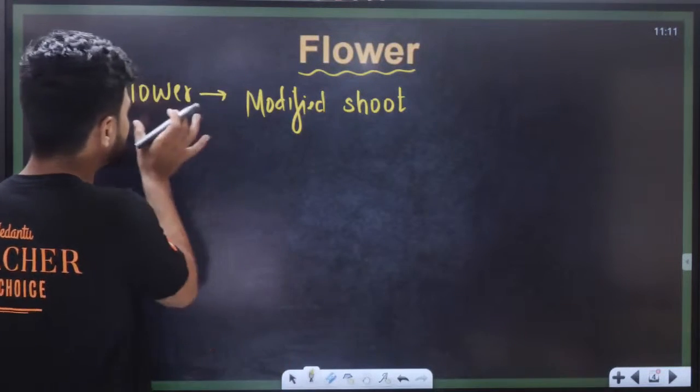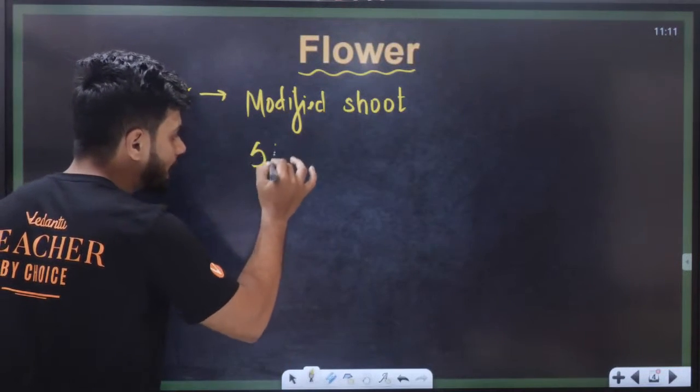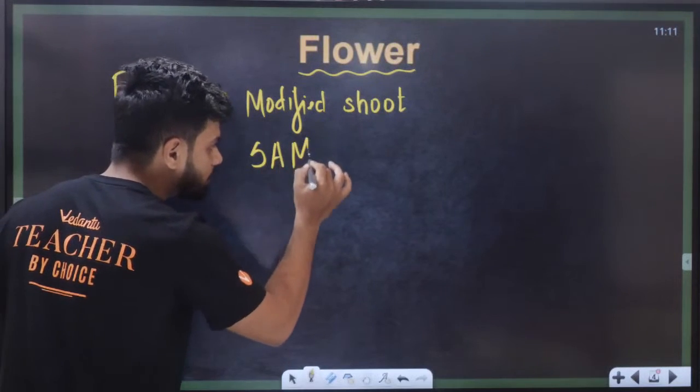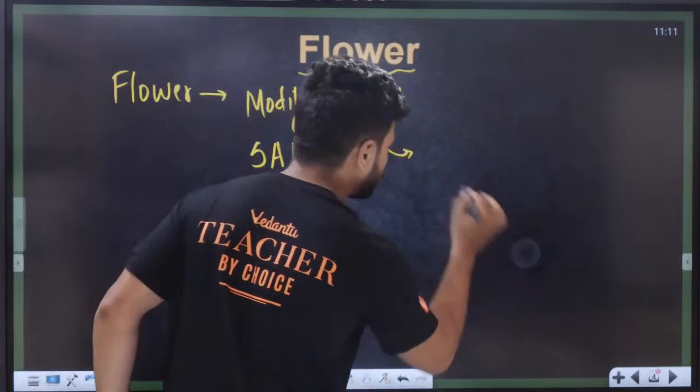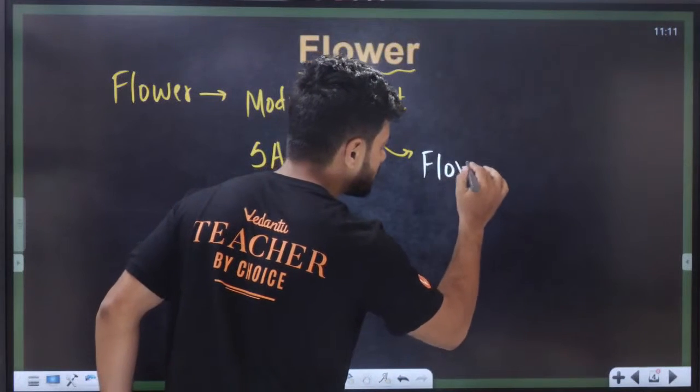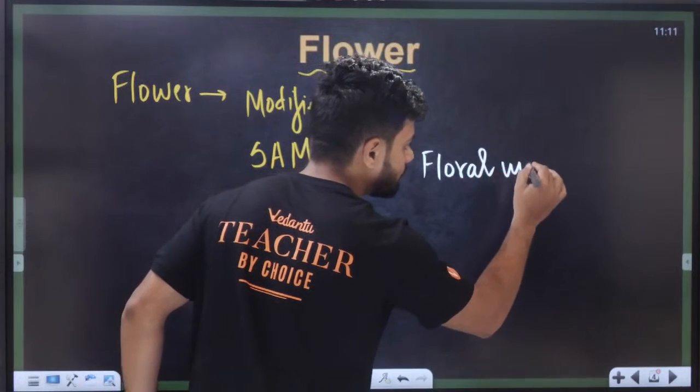Now, what exactly happens in the flower? The shoot apical meristem gets converted to floral meristem.